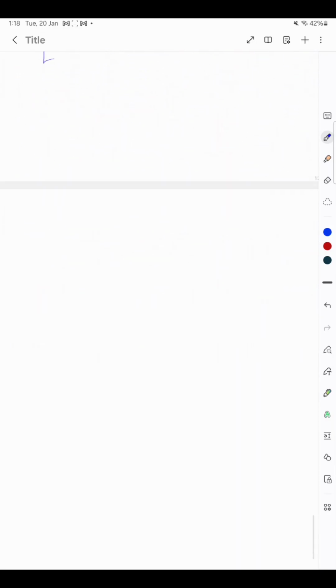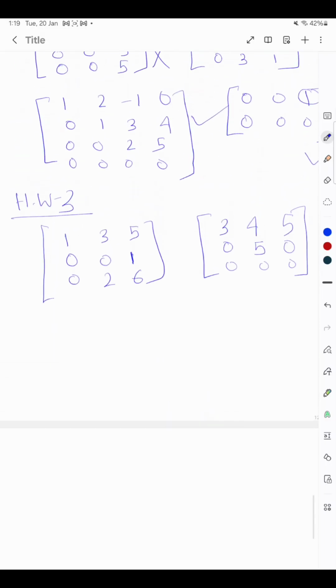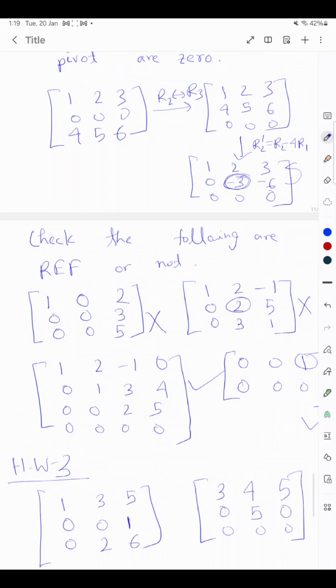Now I'm going to the next one, that is RREF. Basically they will provide you some matrix and ask you to change it into REF or RREF.